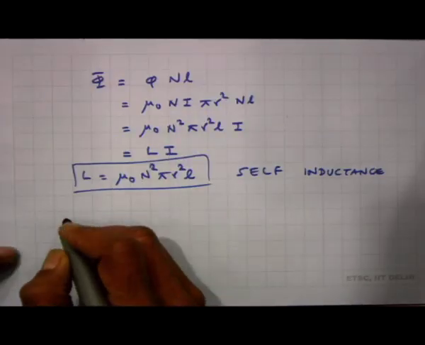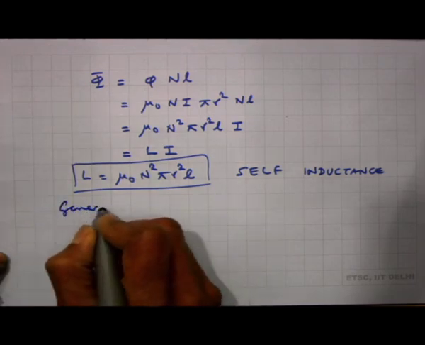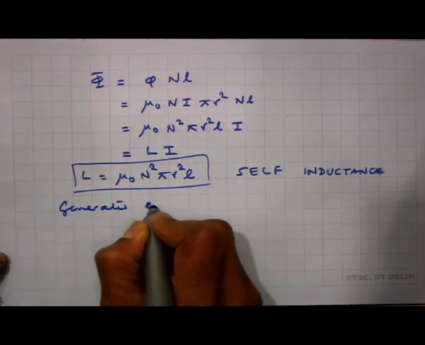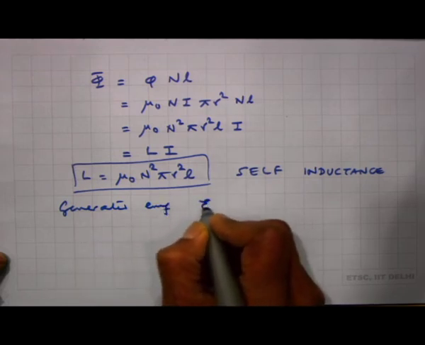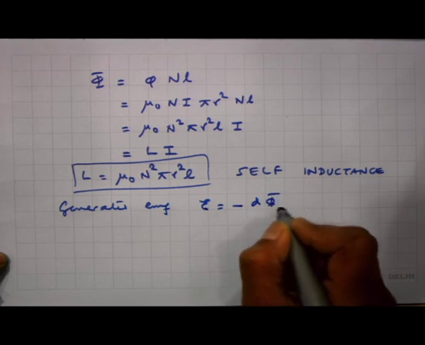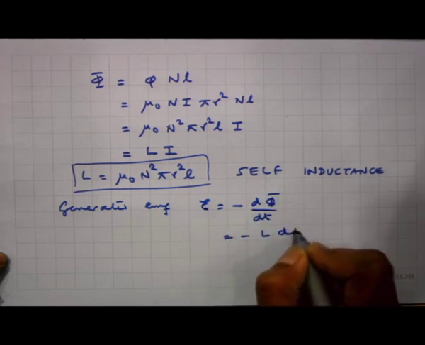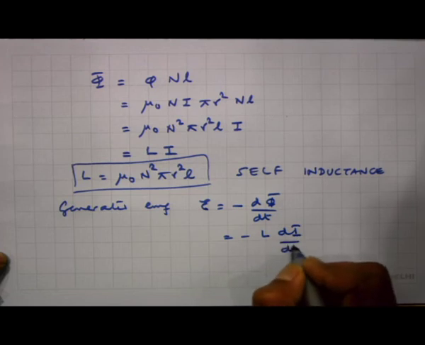The generated EMF is minus d phi by dt, which is equal to minus L dI by dt.